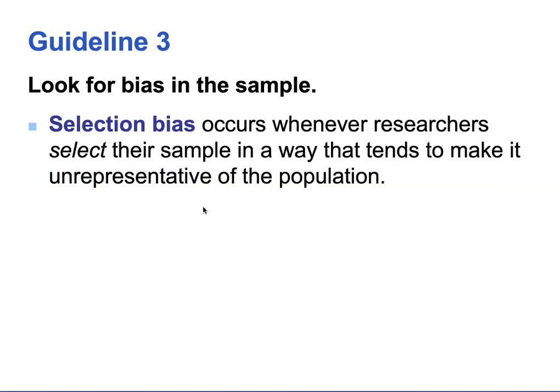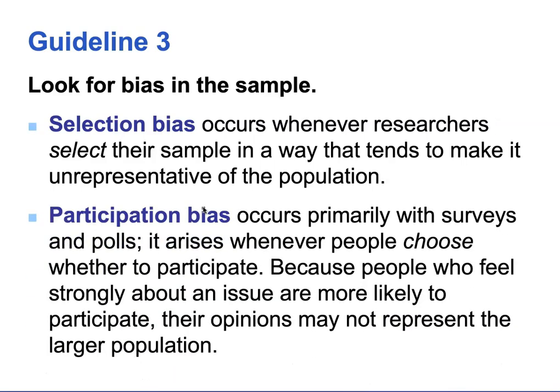Guideline 3, look for the bias in the sample. Selection bias occurs whenever researchers select their sample in a way that tends to make it unrepresentative of the population. Participation bias occurs primarily in surveys and polls. It arises whenever people choose whether they participate. Because people who feel strongly about an issue are more likely to participate, their opinions may not represent the larger population.